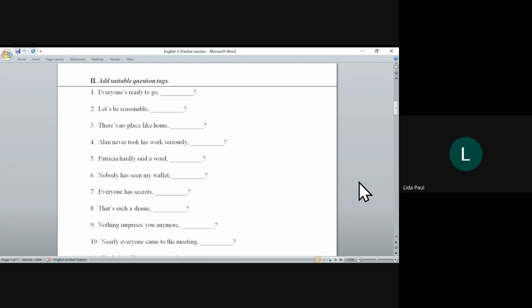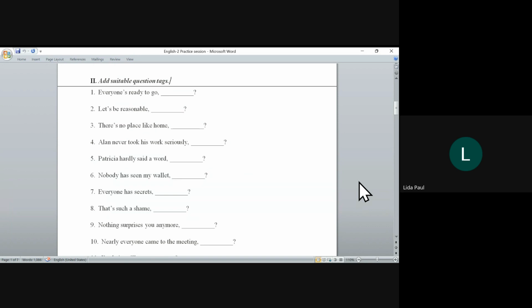"Did" is only used when you have a simple past tense. Here, "has seen" is not in simple past tense, right? So "have they". Okay, clear? Yes, ma'am. Okay. So, yes, okay, that is that.